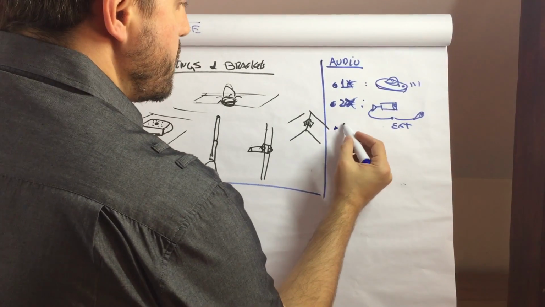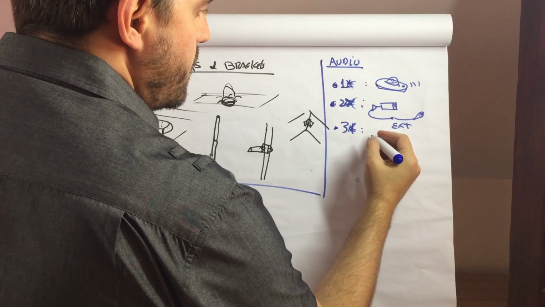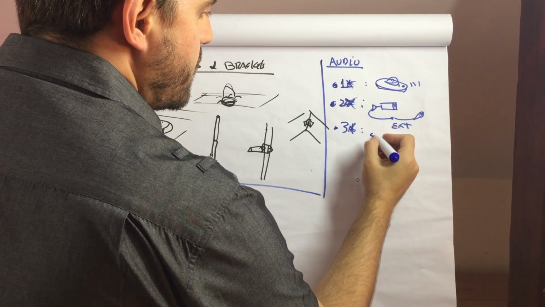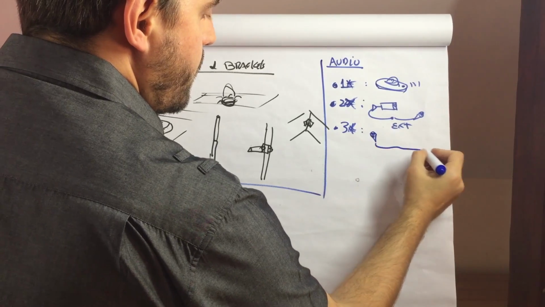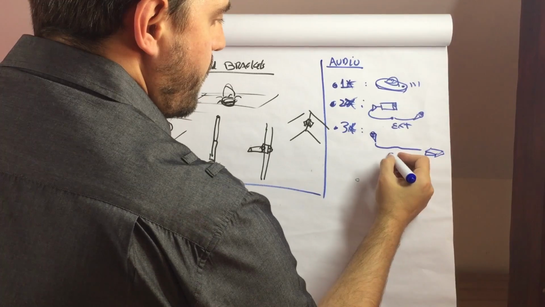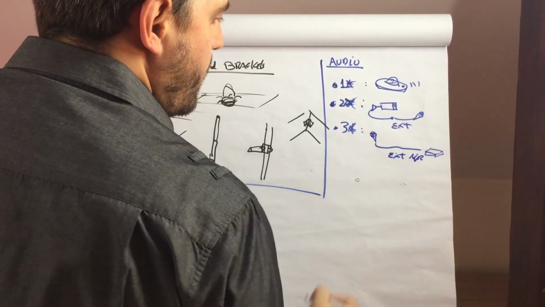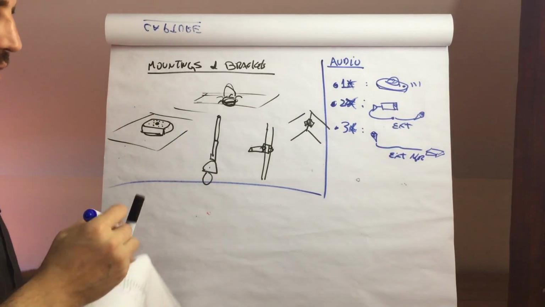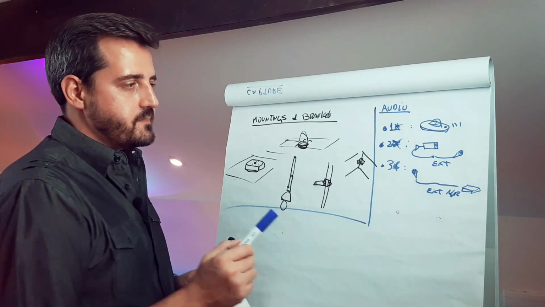And the third one is the external microphone connected directly to the NVR.